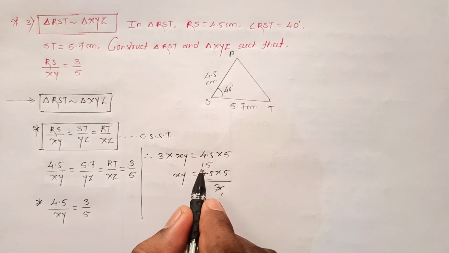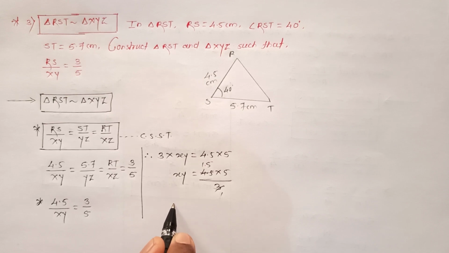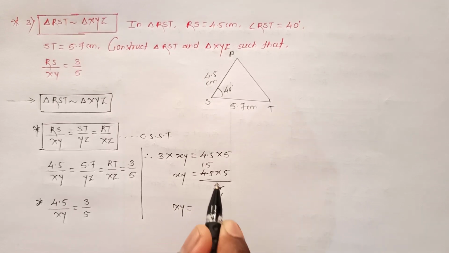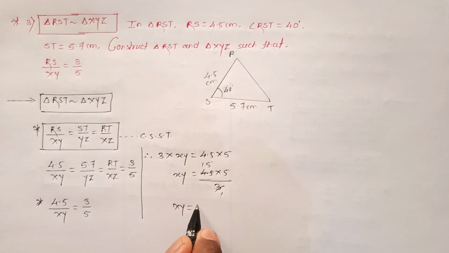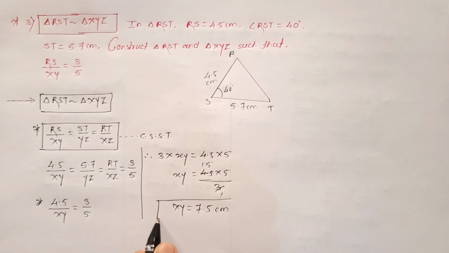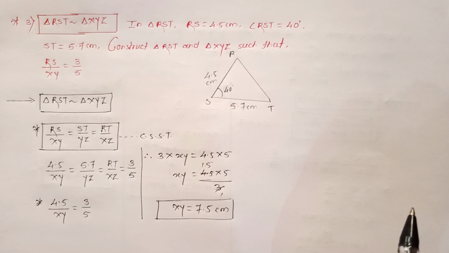But that will be 1.5, so XY is equal to 1.5 into 5, so 15 5s are 75, but this is not 15, 1.5 is this one, so 7.5 centimeter. Here we got the first side of the second triangle, which is 7.5 centimeter.